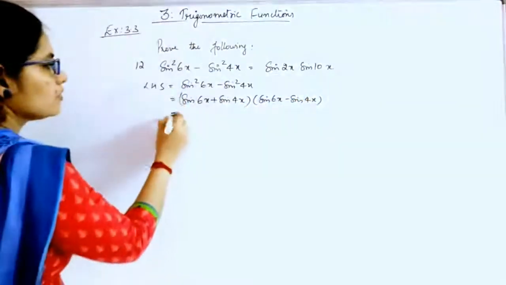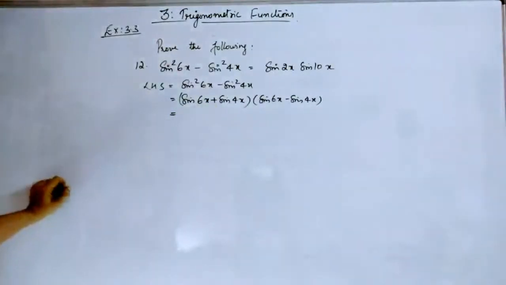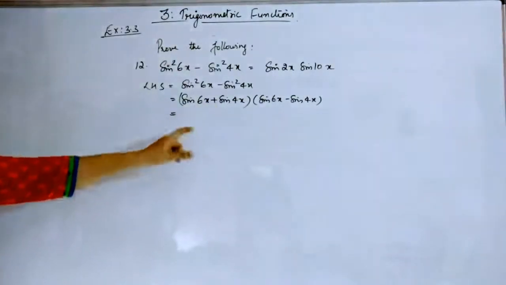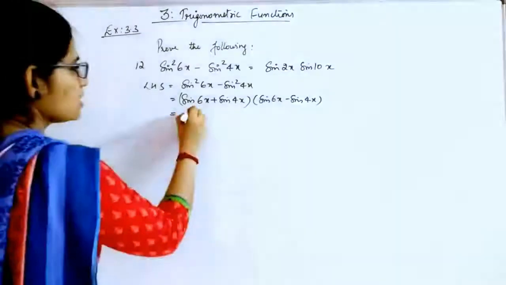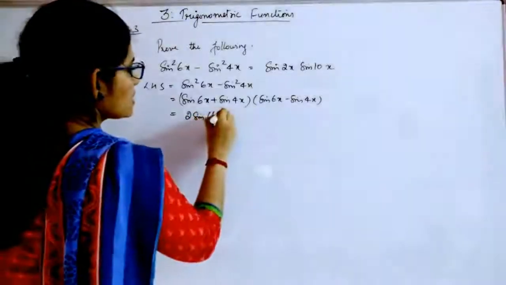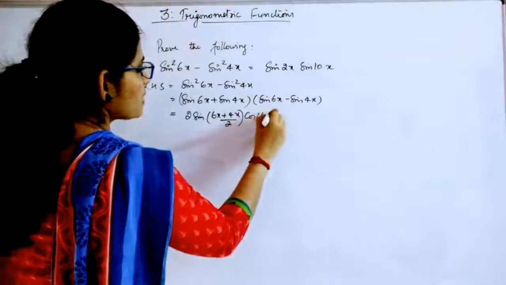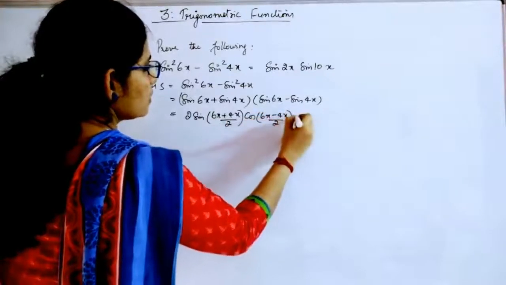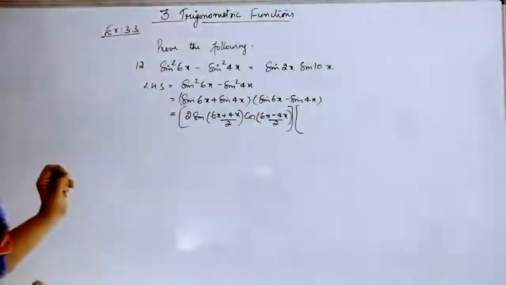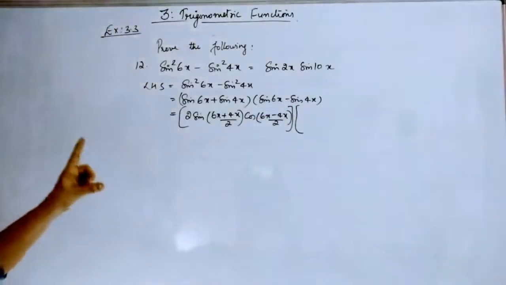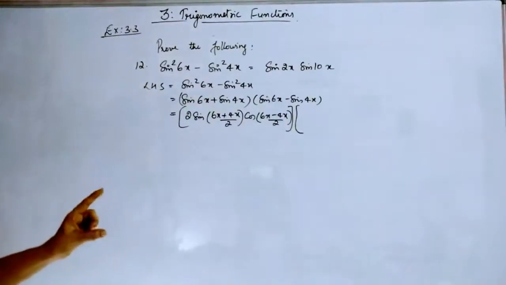So this will give you how much? Sine x plus sine y is 2 sine of the addition by 2 cos of the subtraction of the angle by 2. So you get 2 sine of 6x plus 4x by 2 cos of 6x minus 4x by 2, into, sine x minus sine y, which will give you 2 cos of the addition of the angles by 2 into sine of the subtraction of the angles by 2.